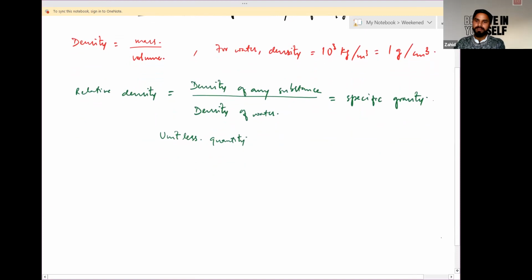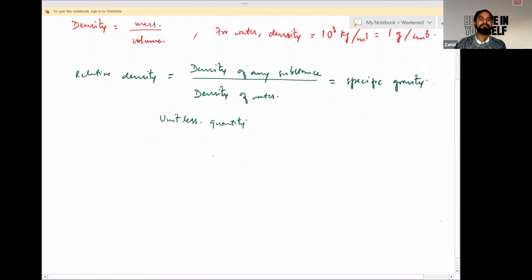So we mainly divide this particular chapter into two parts. First is hydrostatics, meaning fluid at rest. Second is hydrodynamics, fluid in motion.